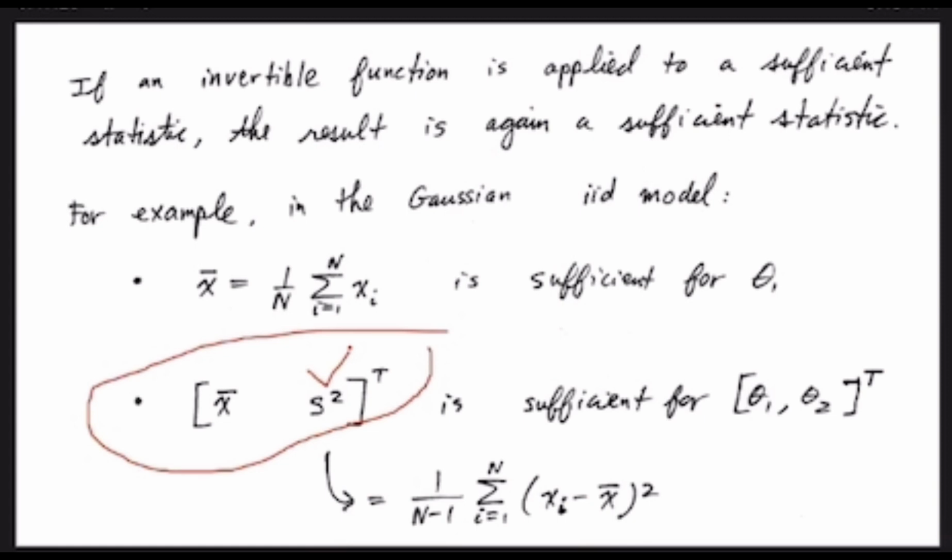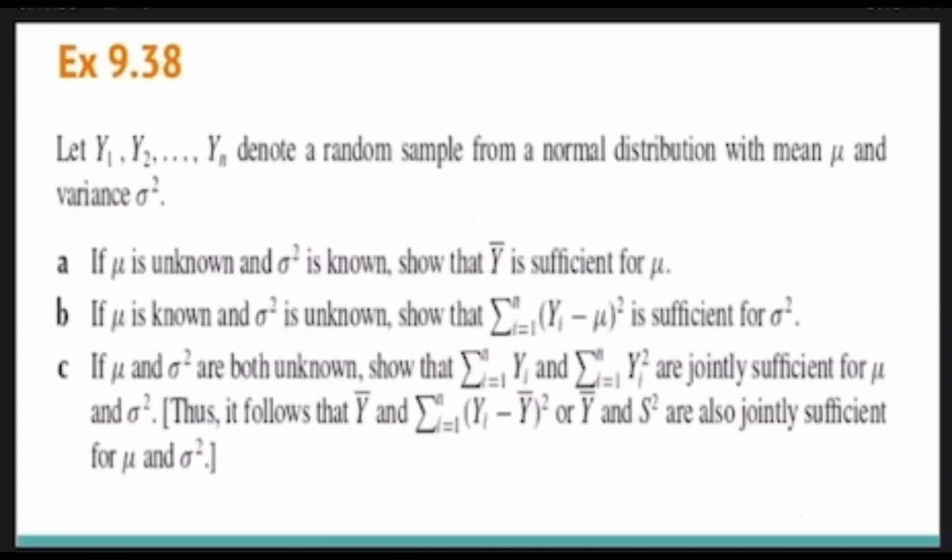Now, I think I put an example here. This is in the textbook, and I gave my TA some problems to work on this week in the lab. Now take a look at this question here. The first question is about a normal distribution with mean mu and variance.